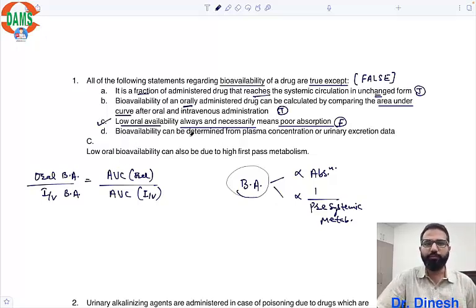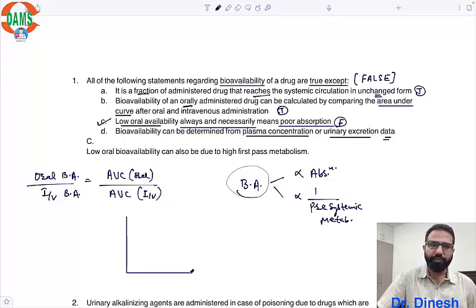And the last option: bioavailability can be determined from the plasma concentration or urinary excretion data. Yes, I told you about the graph. We use the graph between time versus plasma concentration. You can also use the graph of excretion versus time as well.